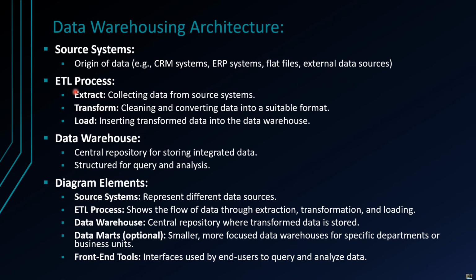In the extract, transform, load process, we see how to collect the data from the source system, clean and convert it into a suitable format, and insert the transformed data into the data warehouse. The data warehouse is a central repository for storing the integrated data, structured for query and analysis. In the diagram elements, we come across the source system, ETL process, data warehouse, data marts, and the front-end tools.